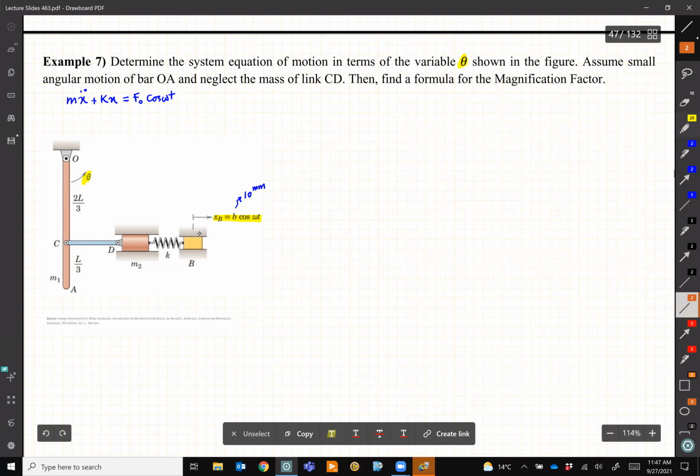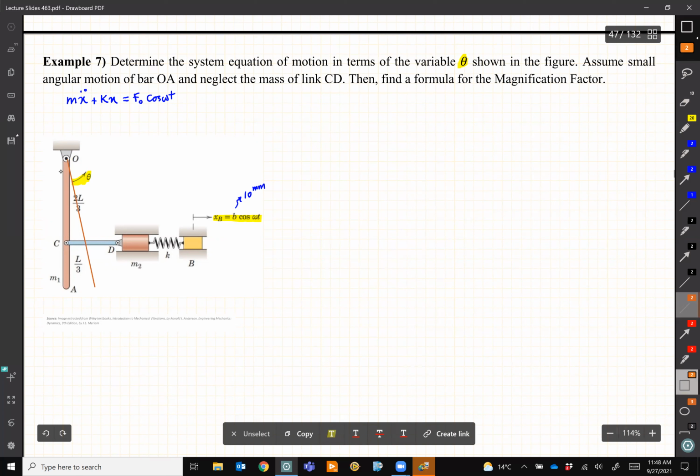Let's do that. As I said, we decide on a variable. Our variable, the question decided for us. So it's theta, and it's moving to the right as a positive. Right? For your own, let's say later when you solve it, you can decide this theta to go to the left. Doesn't matter, but the free body diagram, of course, changes. So if it moves like that, then I know this pendulum is going to swing like that.